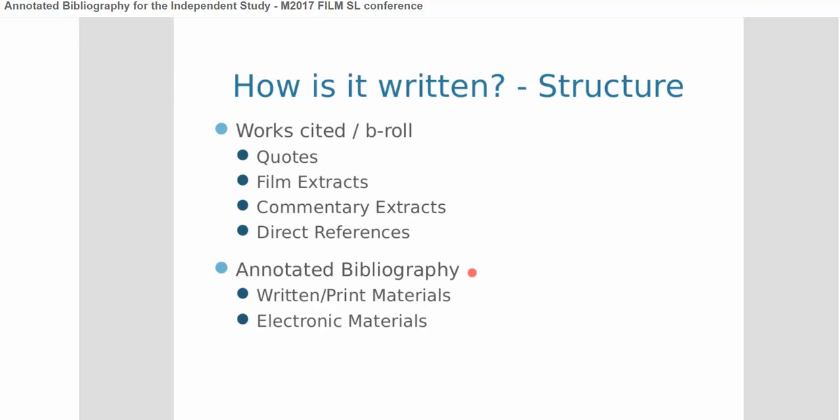And the annotated bibliography would include both written and print materials, like I mentioned before, anything that you read, whether it's from the web or a book or an article from a magazine or a journal, and electronic, which would include that as well.